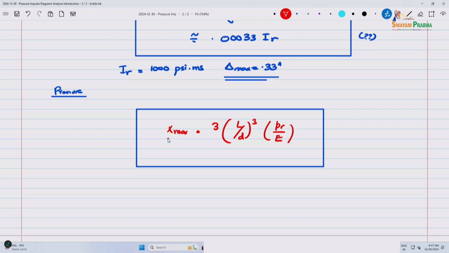So this is X max divided by L. In this case, let's say the pressure is 50 psi, and so the X max in this case comes to equivalent pressure. Let's say this was IR and PR is 50 psi. If this is in the quasi-static range, you have to determine first of all if it is quasi-static.